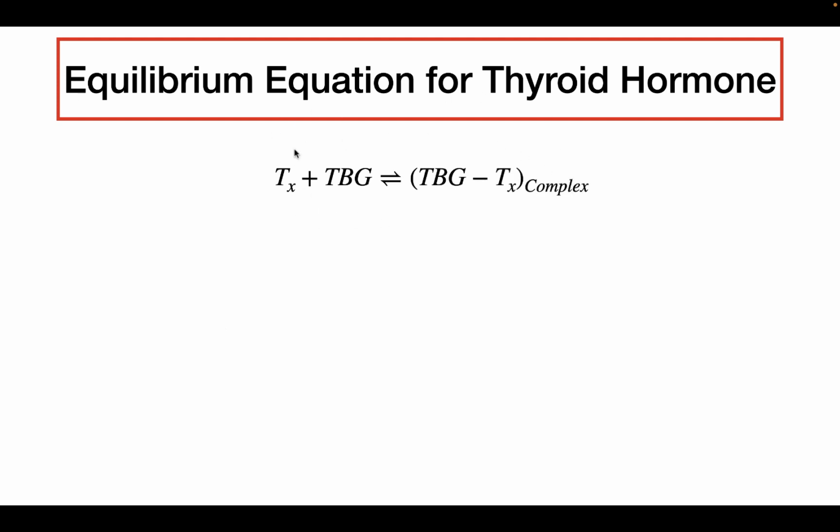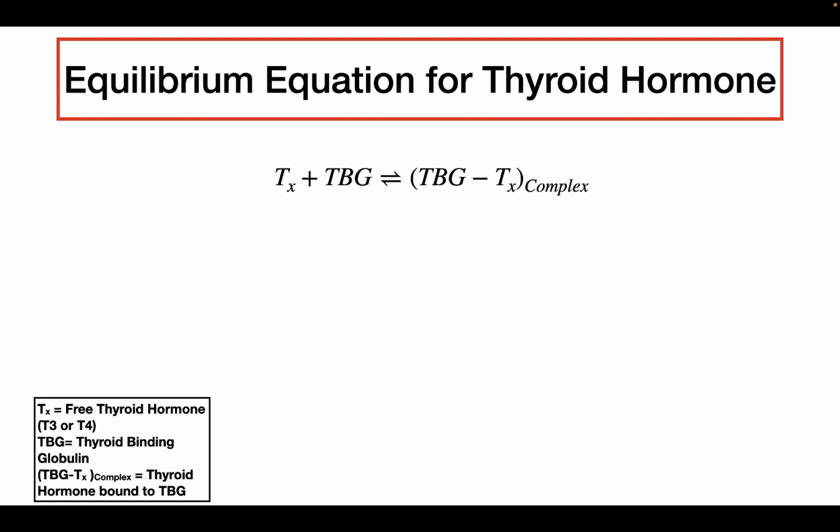This particular equilibrium reaction shows us the reaction between thyroid hormone and thyroid binding globulin, forming a particular complex. The T subscript X on the reactant side represents free thyroid hormone, T3 or T4. TBG represents thyroid binding globulin, and TBG-T subscript X symbolizes thyroid hormone bound to thyroid binding globulin.